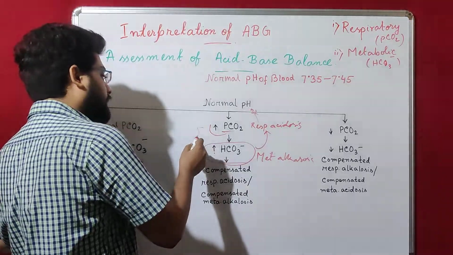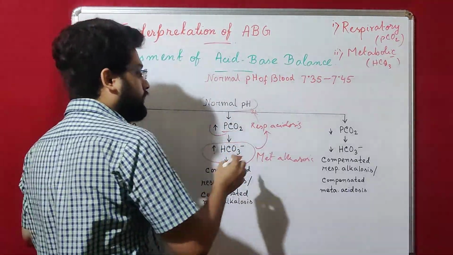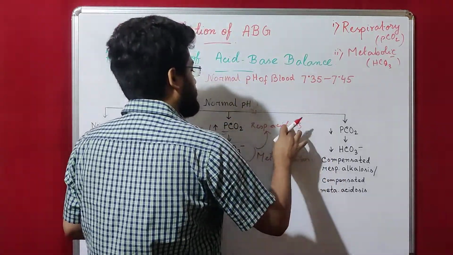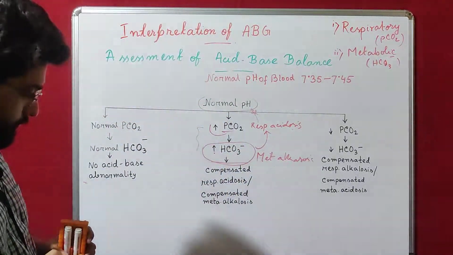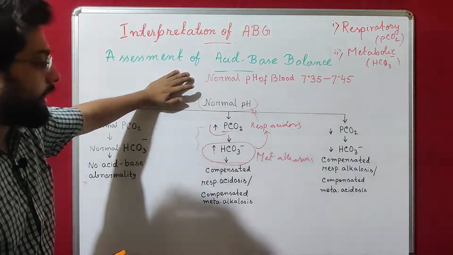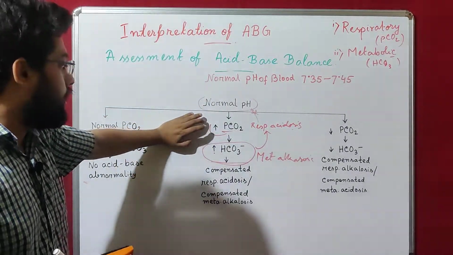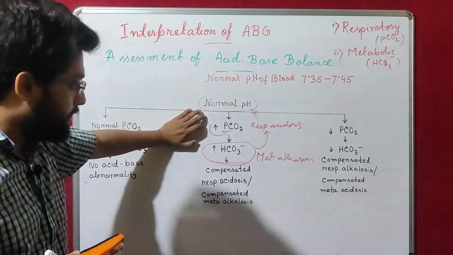And when both are present, normal pH is only possible when these two things fully compensate each other. That means again, if we see a normal pH and next when we look for PCO2, we see increased PCO2.